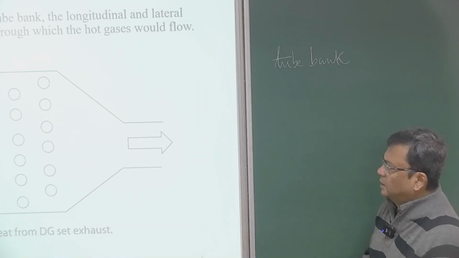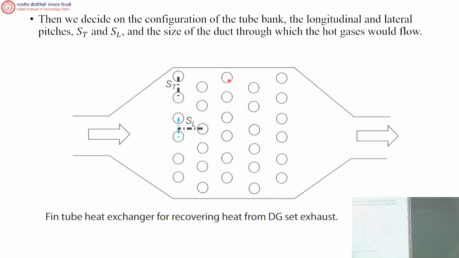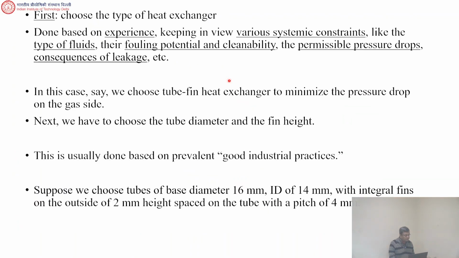Now we did some design, actually more like based on experience we chose a few things, like we chose a tube base diameter, we chose an ID of 14 mm, then fins of 2 millimeter height, spaced on the tube with a pitch of 4 mm. These things, how do we get these things? These things are based on previous experience and good industrial practices.